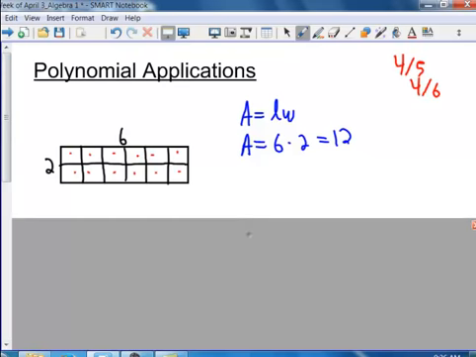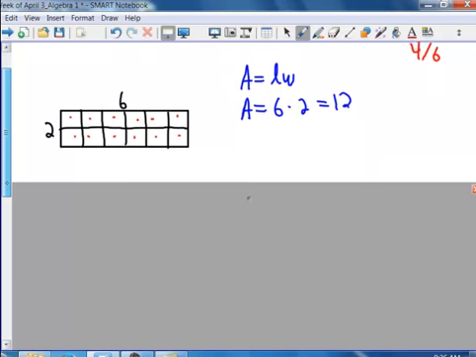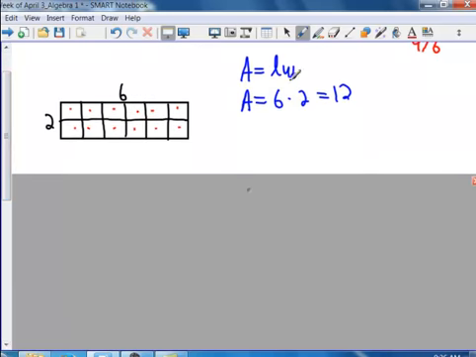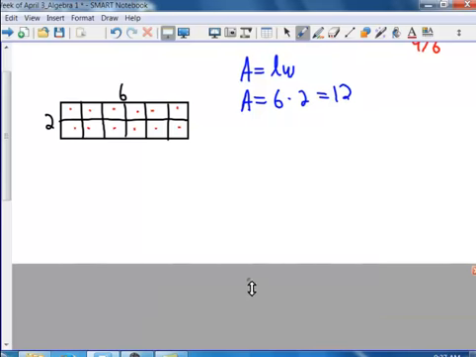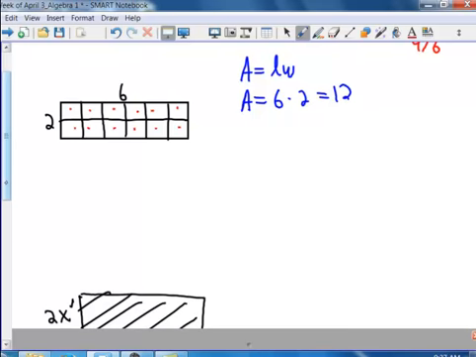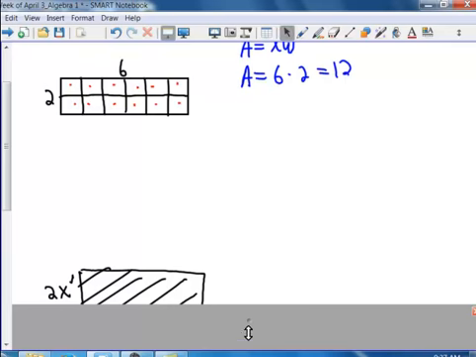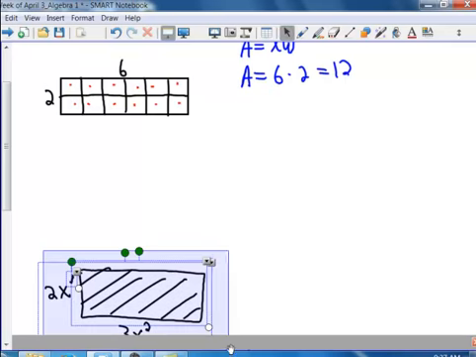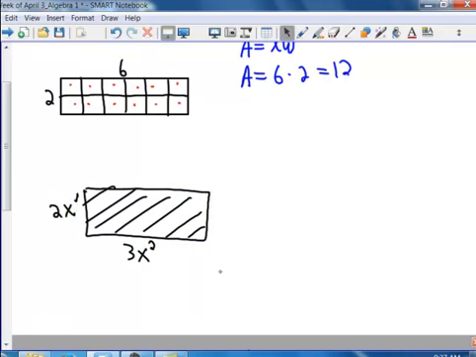So we want to just understand what we would do if area was not just this simple. I mean, you're really just multiplying length times width. So what if you had a polynomial type of area like the one shown below? So let's just grab this. So here we have 2x, which is 2x to the first, but just 2x if you like, right?